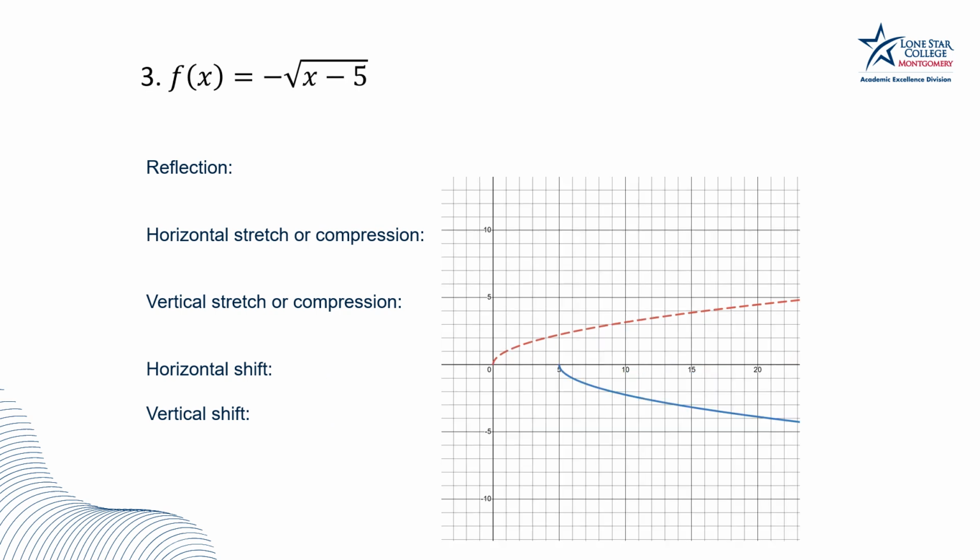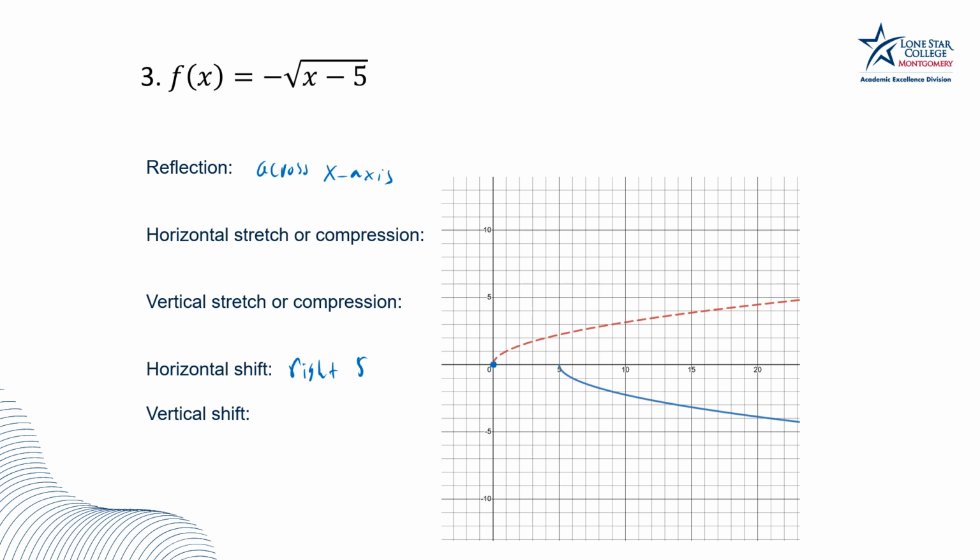Now we have f of x equals negative square root of x minus 5. Again, there are two transformations going on here. That negative on the outside is a reflection across the x-axis because it's on the outside. And then the minus 5 on the inside of the square root is a horizontal shift. It's being moved right 5.